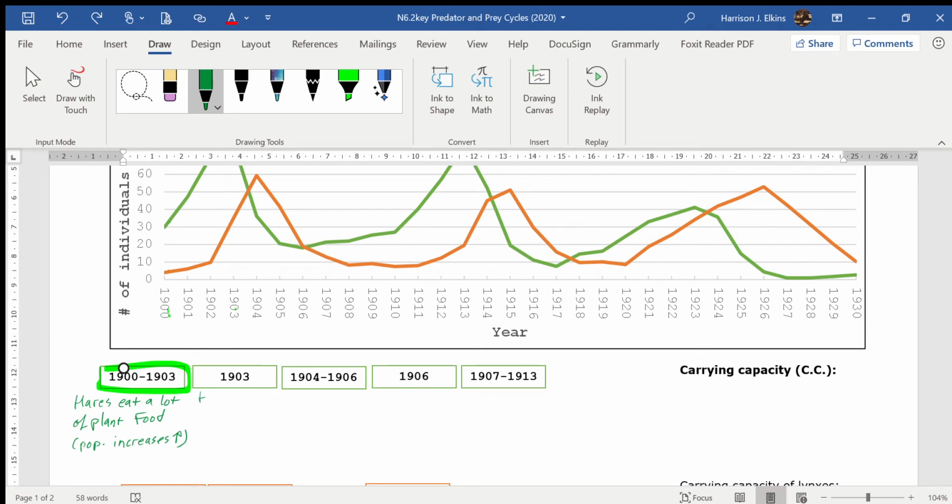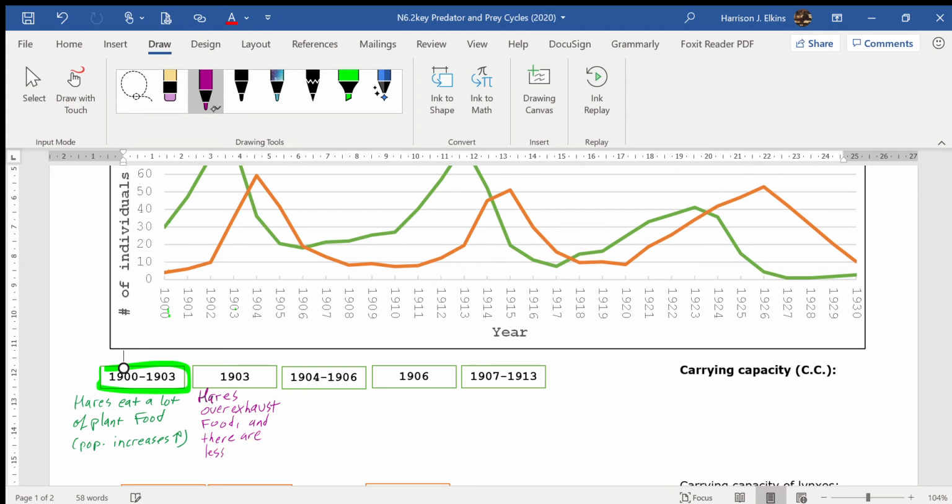And so here, let's choose a slightly different color so that we can visualize this a bit differently. So the hares overexhaust, which means that they take too many resources. They overexhaust their food, and so because of that, there are less plants.